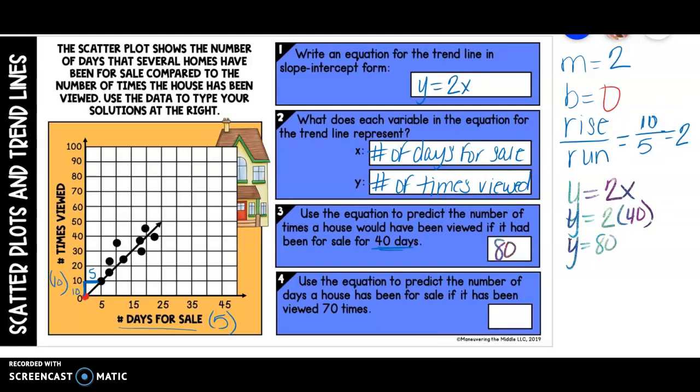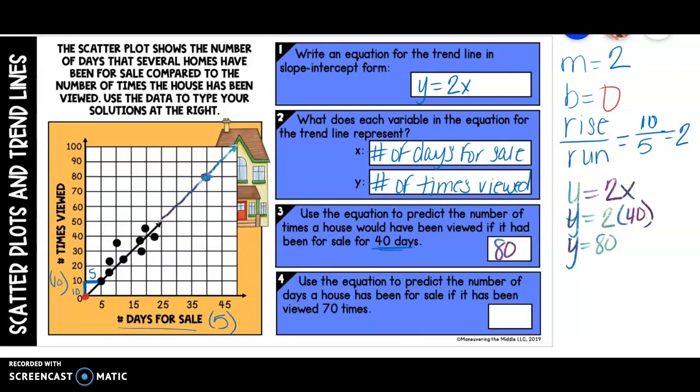So that house would have gotten 80 views. Even if I were to extend my trend line and look at 40 days on the market and plot my point, I'm still at 80.